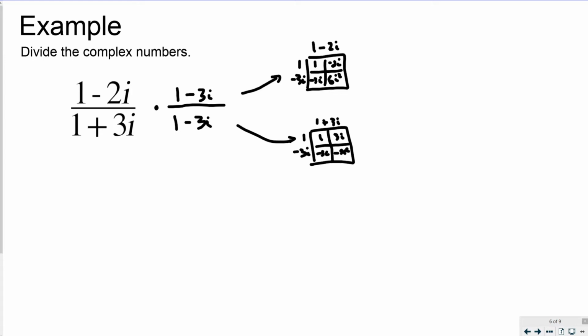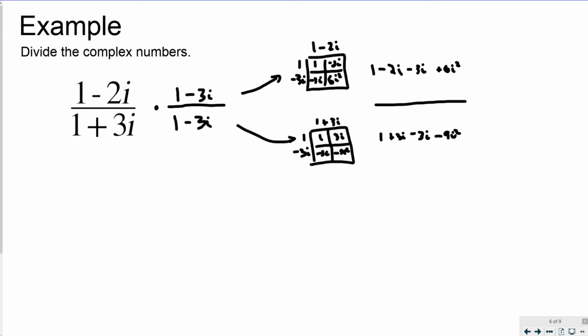So I'm going to go ahead and write all this out. On the top, I get 1 minus 2i minus another 3i, plus 6i squared. On the bottom, I get 1 plus 3i minus 3i minus 9i squared. So I have my top of the fraction, my bottom of the fraction.